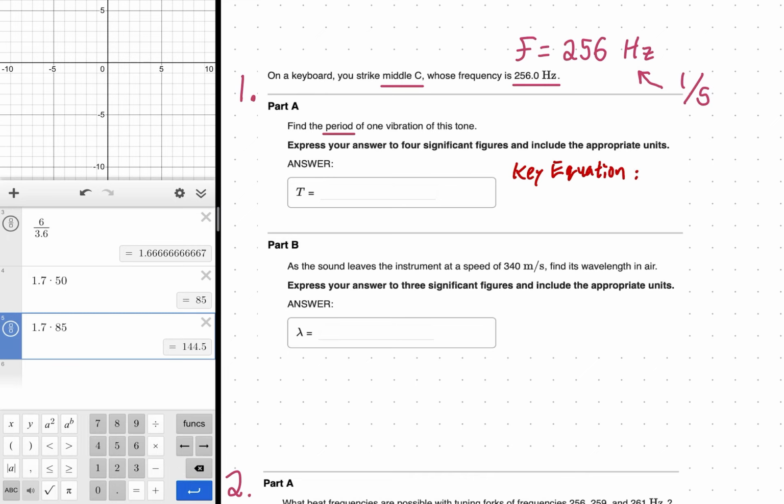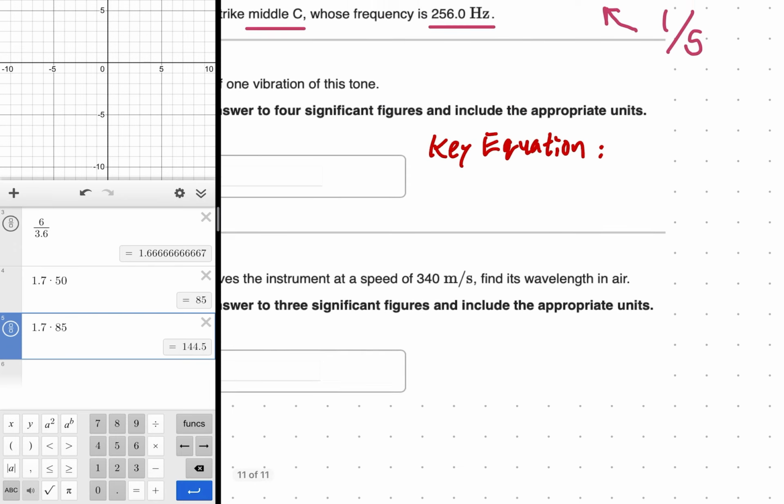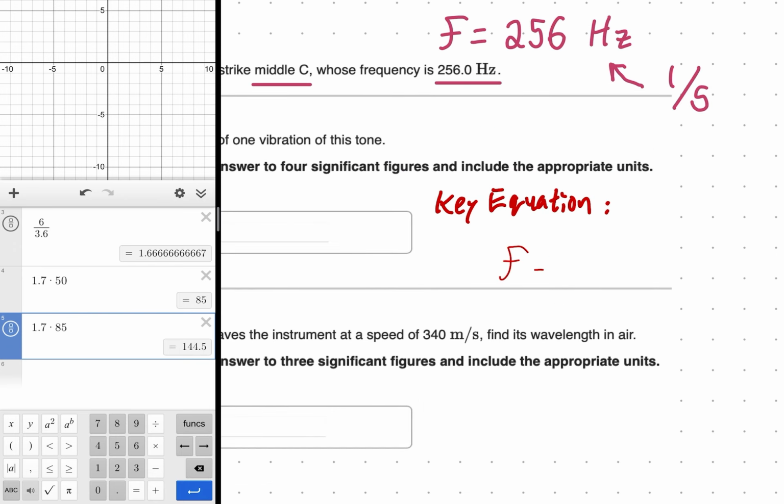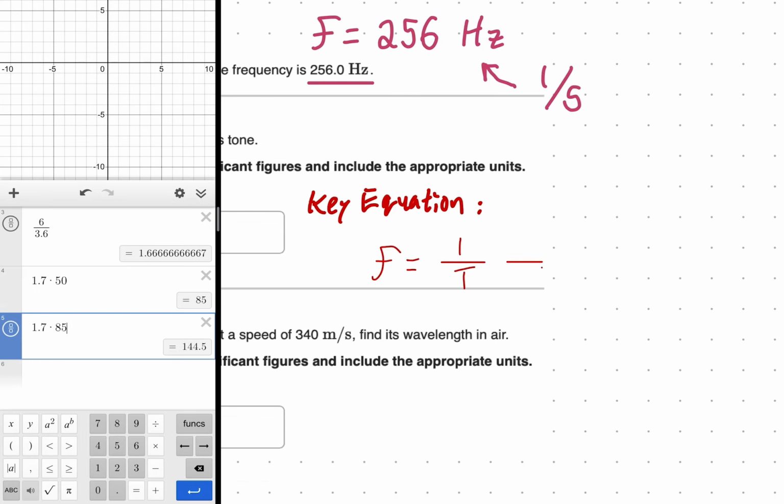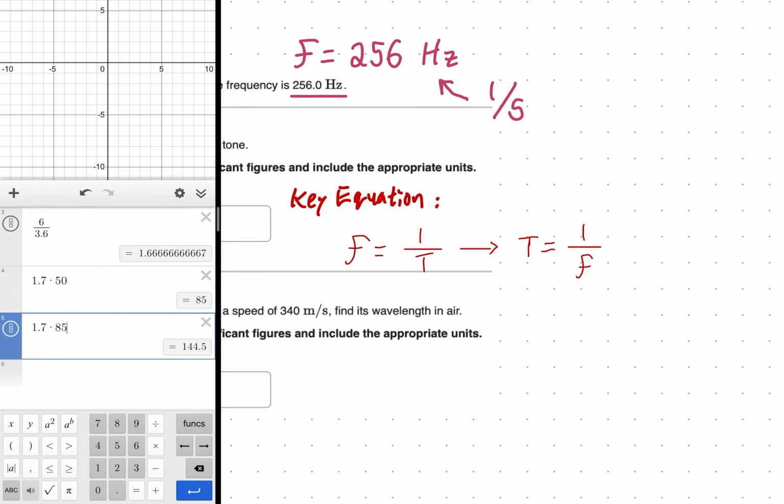It is that the frequency is the reciprocal of the period, which is the same as saying that the period is the reciprocal of the frequency, like so. All right, so if you know the frequency, you simply have to take 1 over that value, and that's going to be your period.